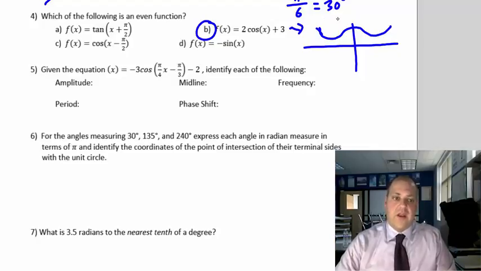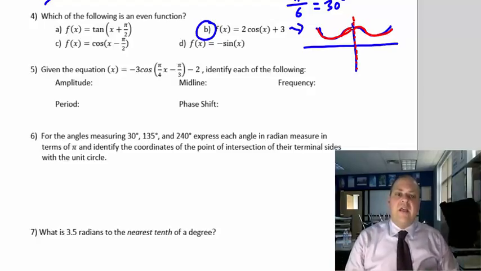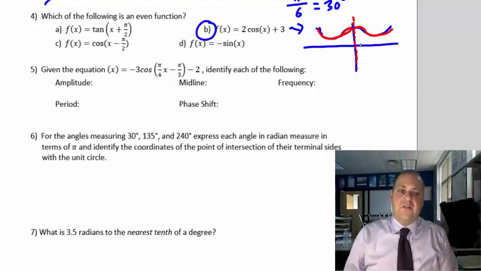You see how it's symmetrical over the y-axis? If you fold along the y-axis, this lands exactly on this. It's doing the same thing on both sides of the y-axis. That's why choice B is correct.